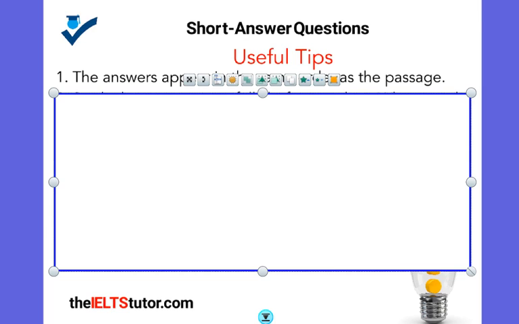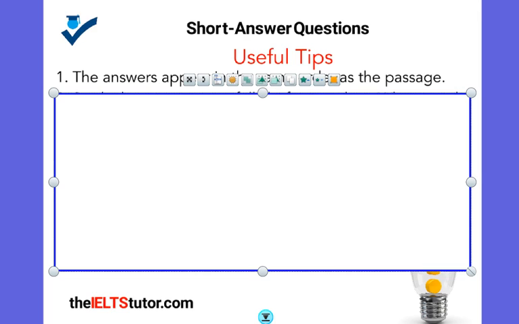Question number 2 might be after the first 2 paragraphs. Question number 3 could be found in the later section of the text, and so on and so forth. So they kind of correspond. Where the answers appear corresponds to the questions in your task. Okay.